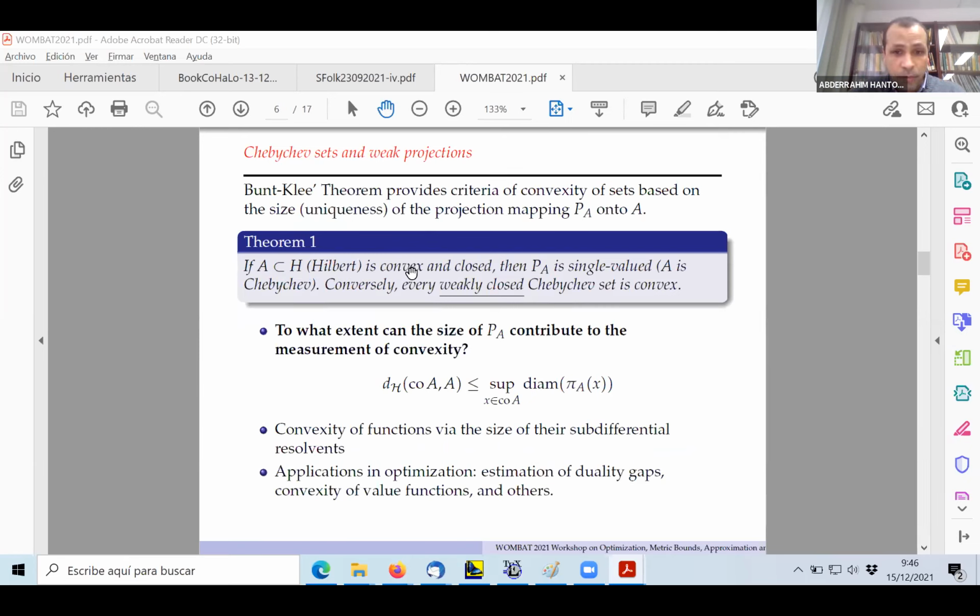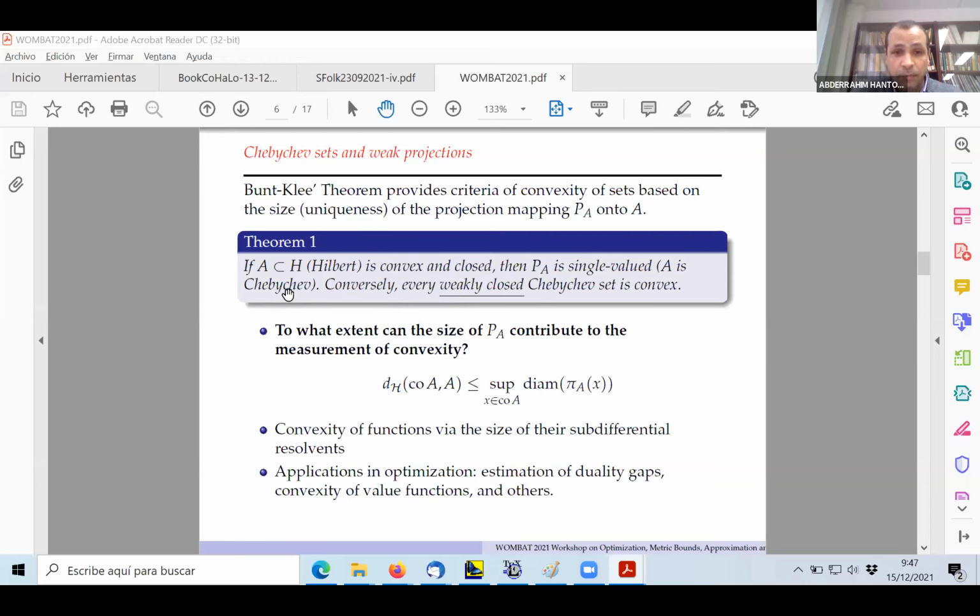Of course, all of us know that if it is convex, then the projection mapping is single valued everywhere. The most important part of this theorem is the converse. We say that a set with only one projection is called Chebyshev.